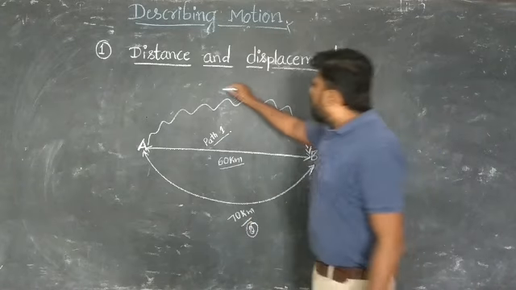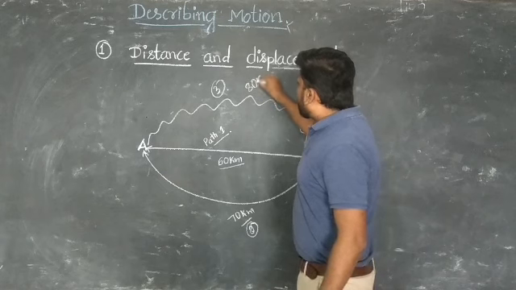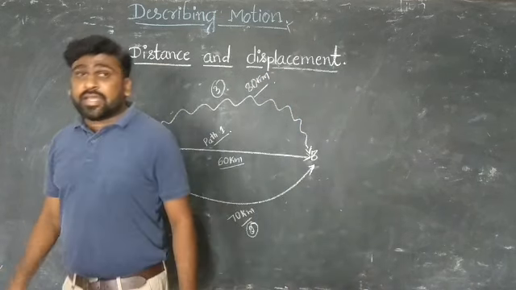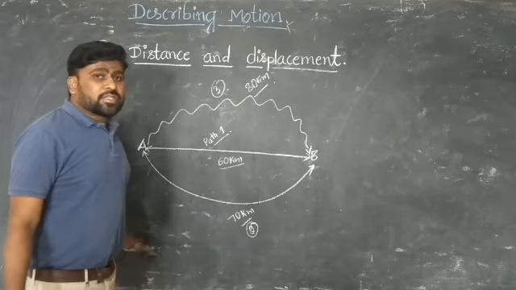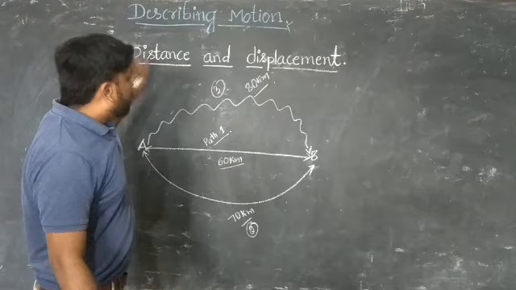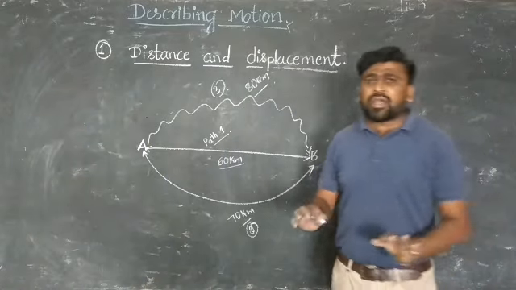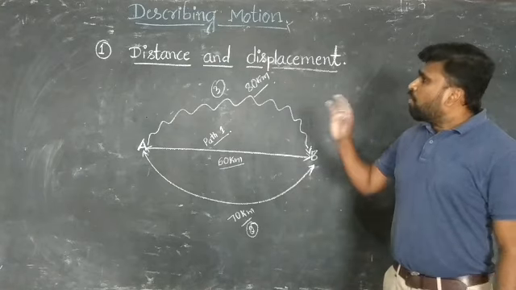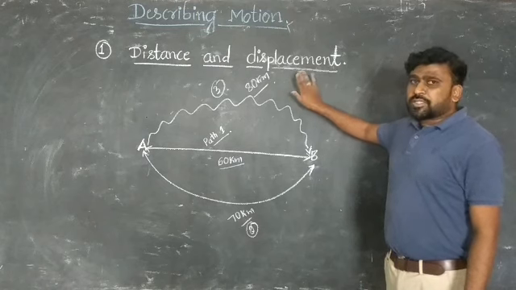And the third path, the total distance is 80 km. Understood? Total distance is 80 km. Now this is one simple example. From this simple example, we can easily come to know what is distance and what is displacement.